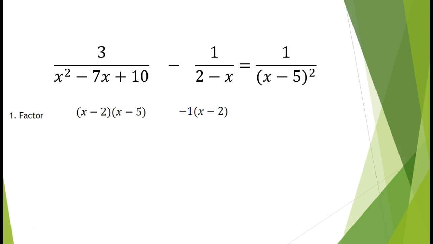And in this case, our leading variable is x. So we're going to factor -1 out of the denominator of the second expression. And that gives us two factors, -1 and x minus 2. And finally, in the third expression, we have x squared minus 10x plus 25, which factors to be x minus 5 by itself.